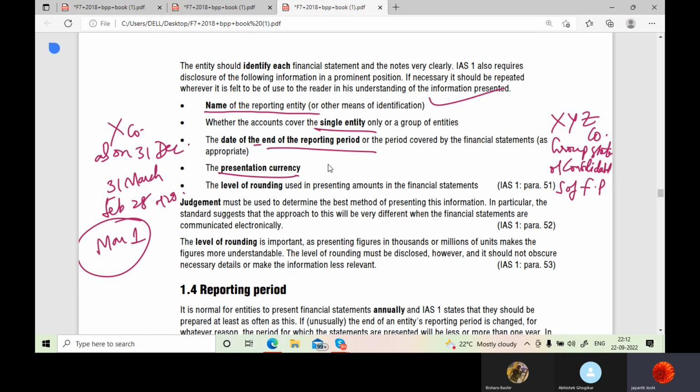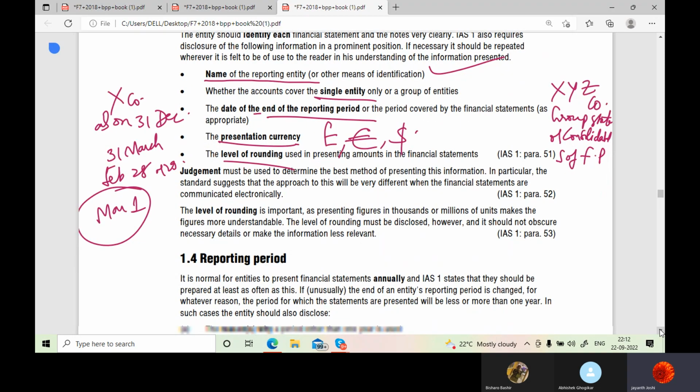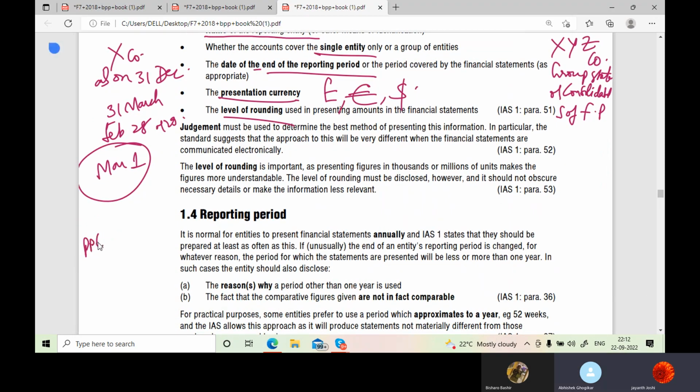Then the presentation currency, either pound sterling, euro, or dollars, anything. And then you have to round off. That means if property, plant and equipment is of the value 1048.78, you should write 1050. That means rounding off, round figures.